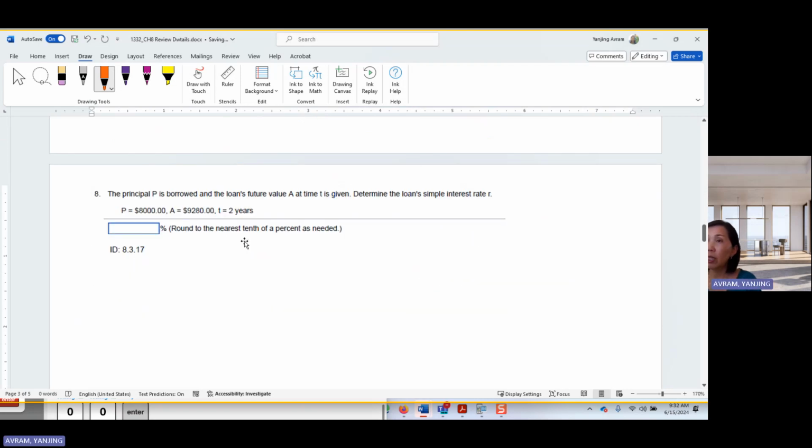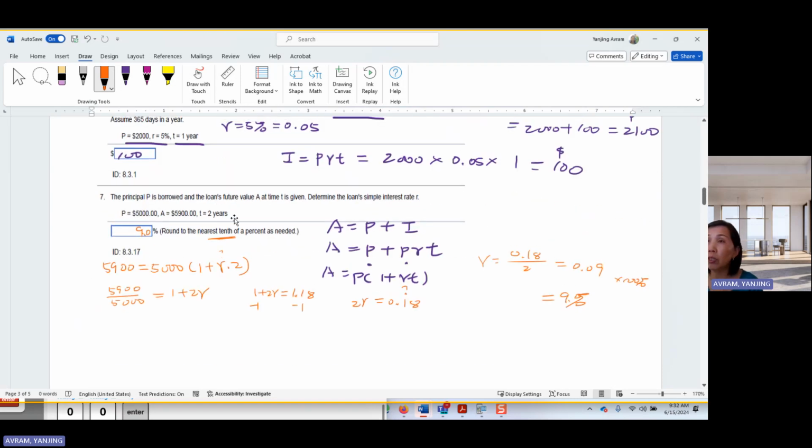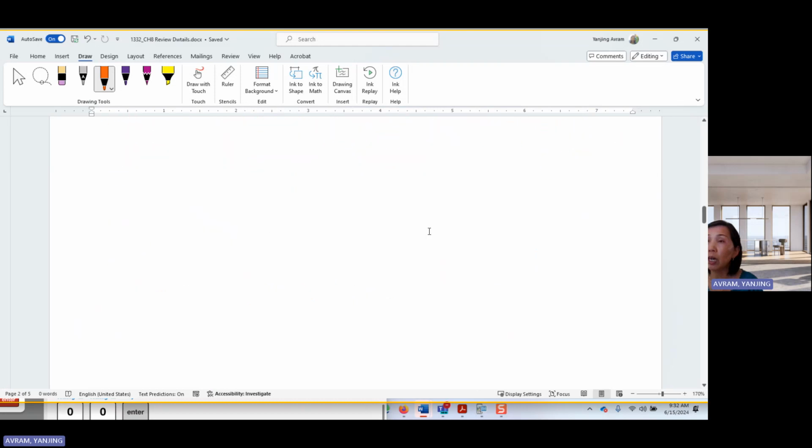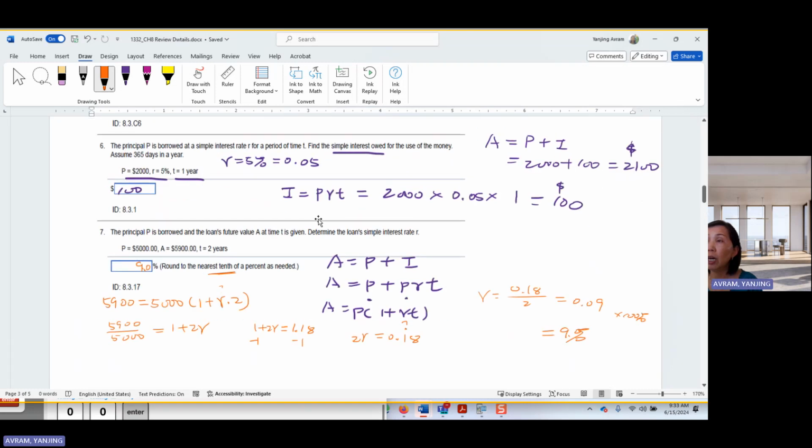All right, let's go ahead and look at number 8. Still the principal is borrowed and the loan future value at the time T is given. Determine the loan simple interest rate. Well, I think we just did this one, which is pretty similar, just a little bit different numbers.